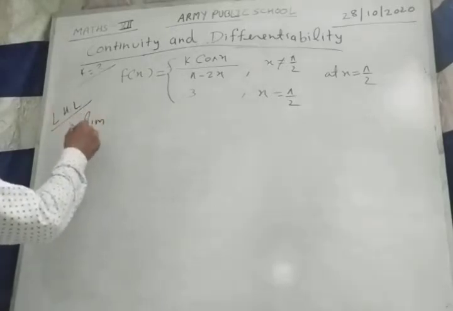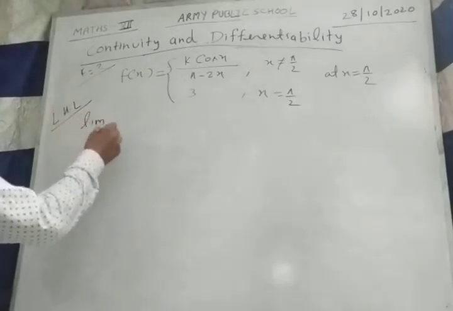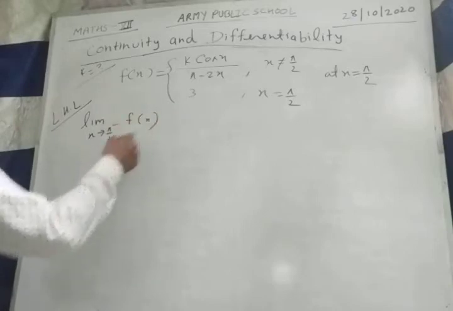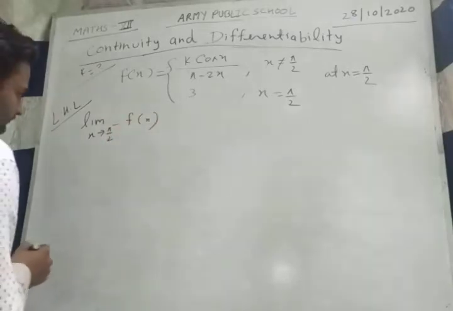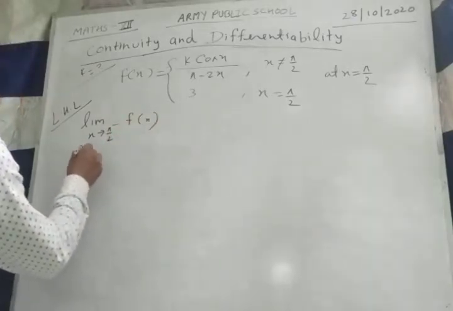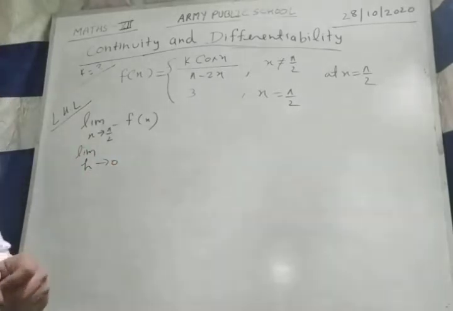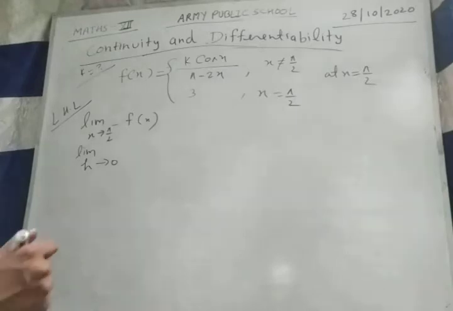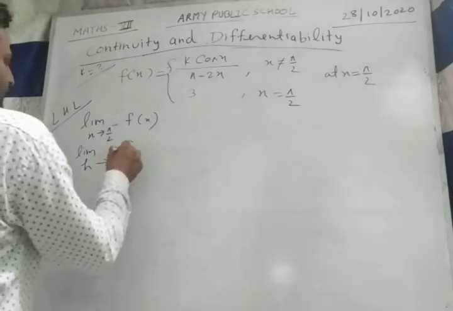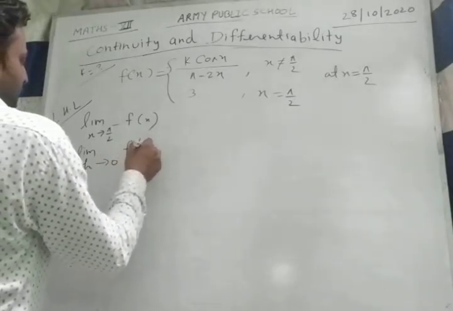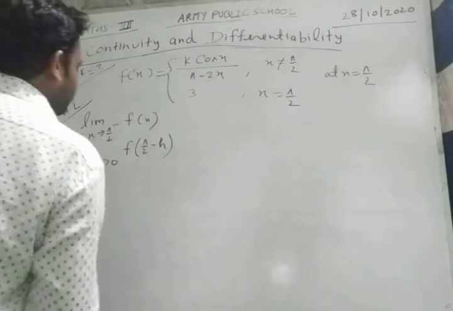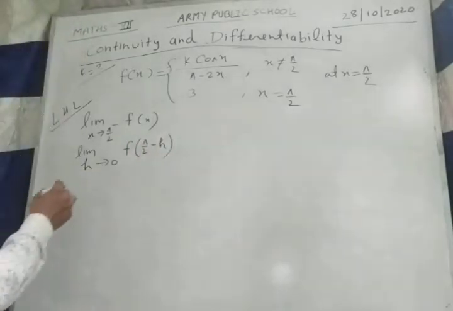limit, x tends to pi by 2 minus, f(x). Now we write limit h tends to 0, f of pi by 2 minus h.